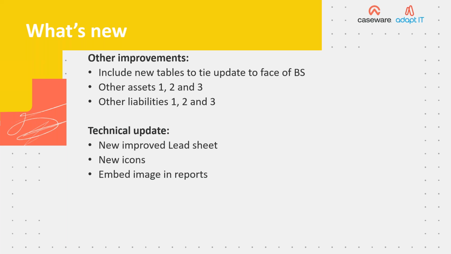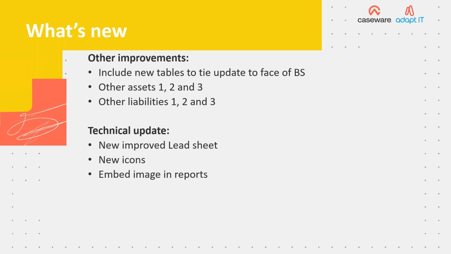That was done in our IFRS template, in our SME for IFRS template, as well as now in our IPSAS template, and that change was also done in our assurance products. It's really just to get a better lead sheet view of the financial statements. So this IPSAS template is now aligned to the same lead sheet structure that we use in all our other products, especially our assurance products.